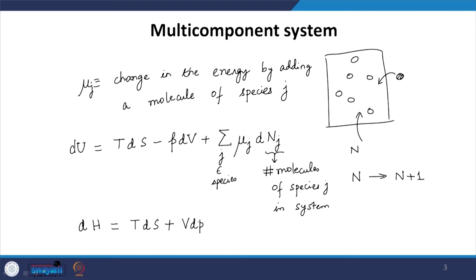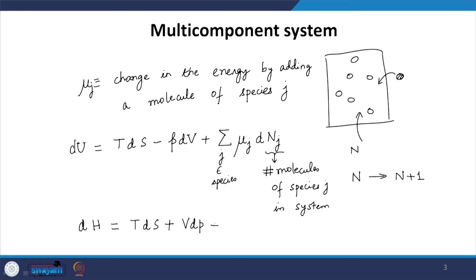So, that remains unchanged. The only difference between U and H in this case, if I exclude the chemical potential part, is that the volume as a natural variable in U is replaced by pressure as a natural variable in H, but the effect of addition of the molecule that I have added remains the same.